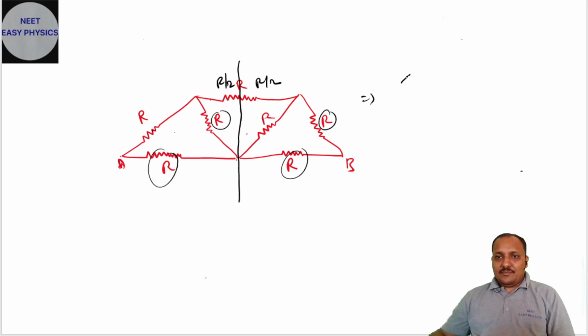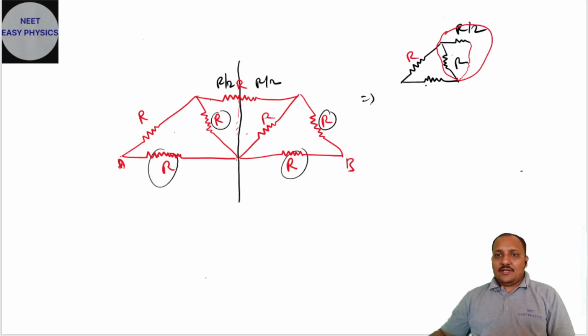So how can this one be redrawn? This left part I am redrawing. This left part will come like this. Correct? This is going to be R by 2. Where this is connected means here. Like this it is connected. Now how are R and R by 2 connected?